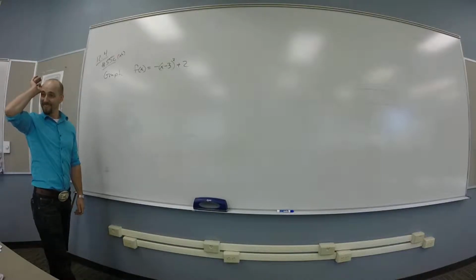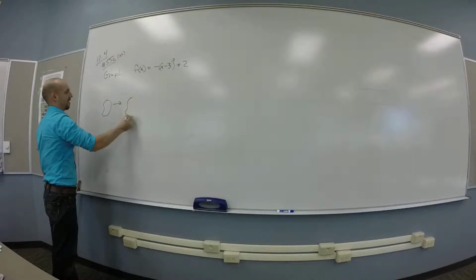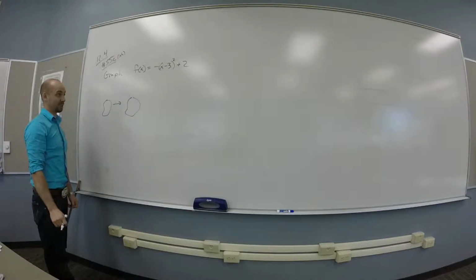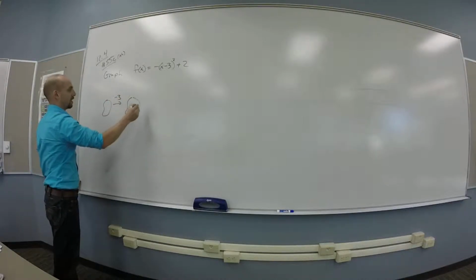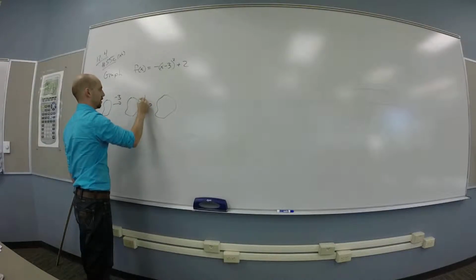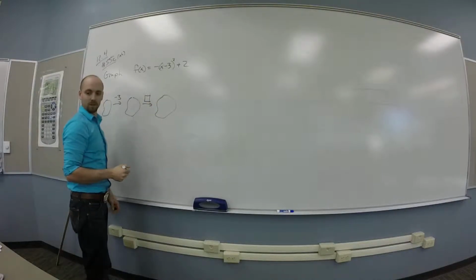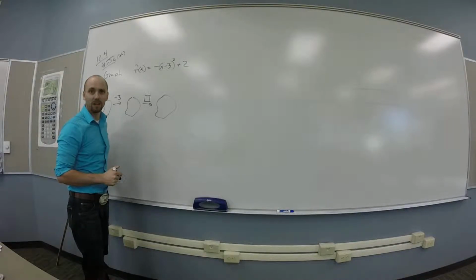You do the order of operations to figure out what order you're going to do stuff in. Okay, so if I put an x in, what's the first thing I do with the x? Subtract 3. Okay, then what's the next thing I do? Square. That's the function that I'm kind of basing my shape on, right?